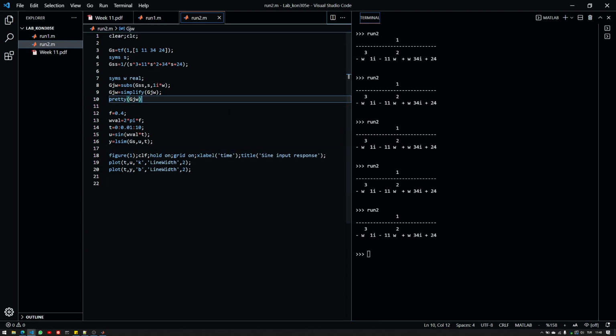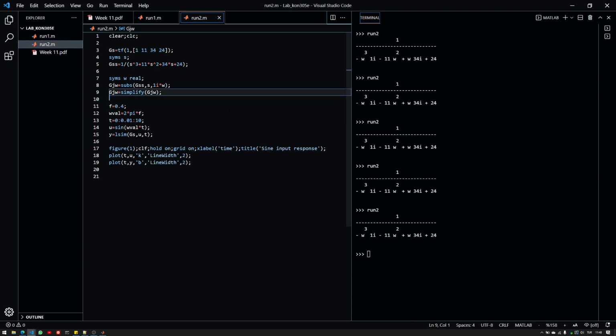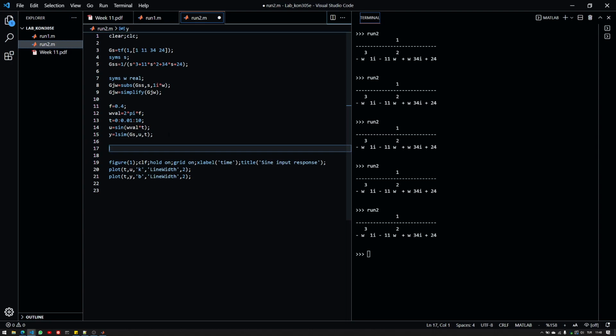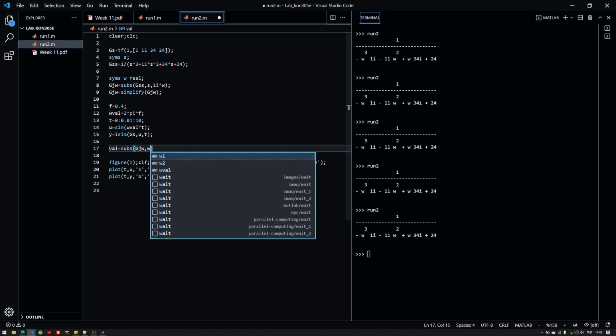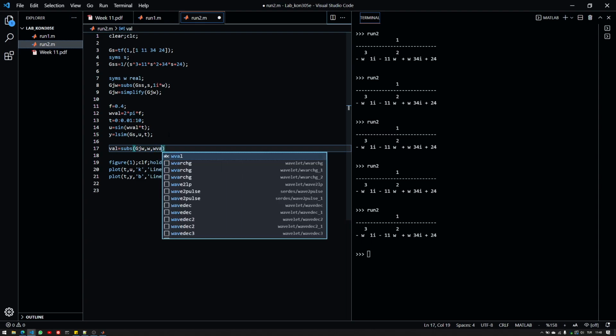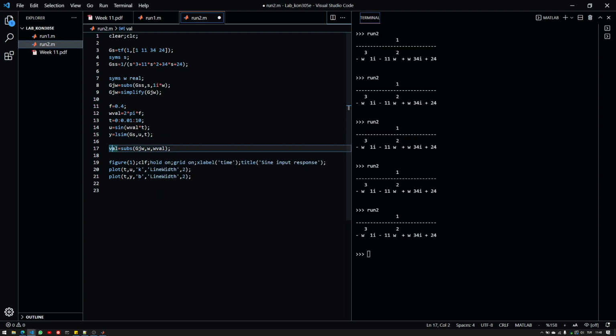I know that this here is the fraction, the complex valued function depending on omega. So what I can do is get the value here and substitute it into the transfer function instead of omega val. Now let's also convert it into double to see what it looks like.